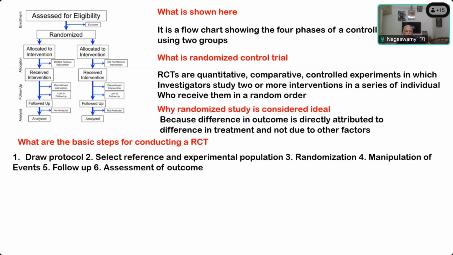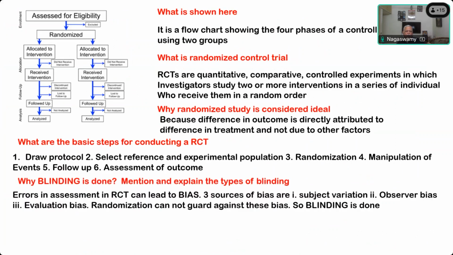Draw protocol, select reference and experimental population, randomization, manipulation of events, follow-up, assessment of outcome. Why blinding is done? Mention and explain the types of blinding. Errors in assessment in RCT can lead to bias. So 3 sources of bias are subject variation, observer bias, evaluation bias.